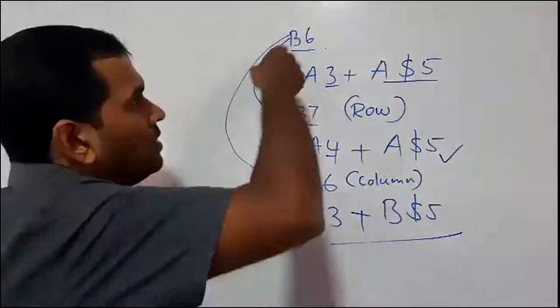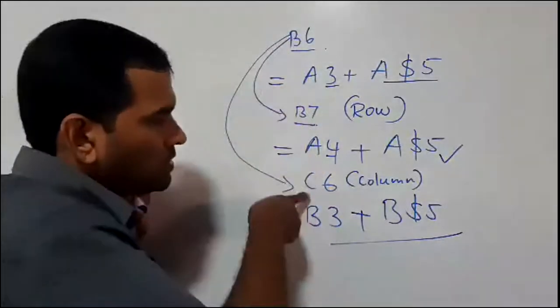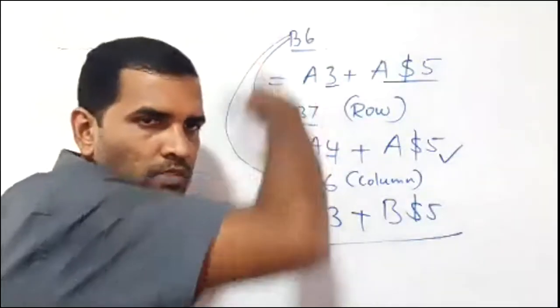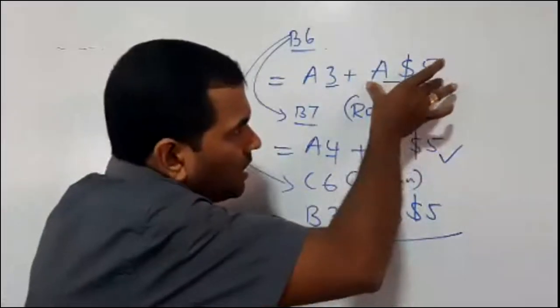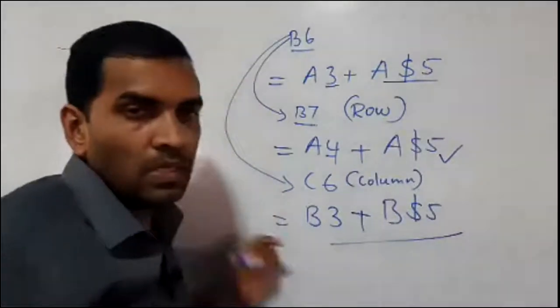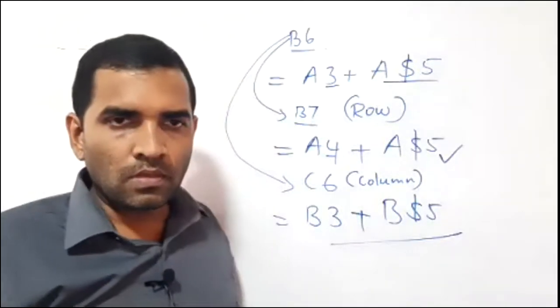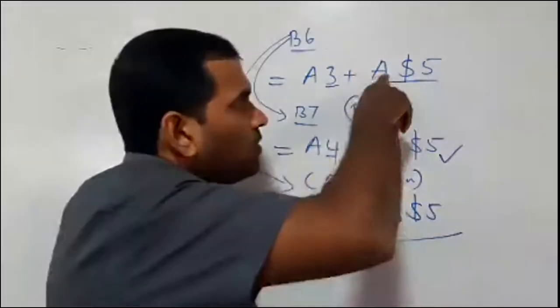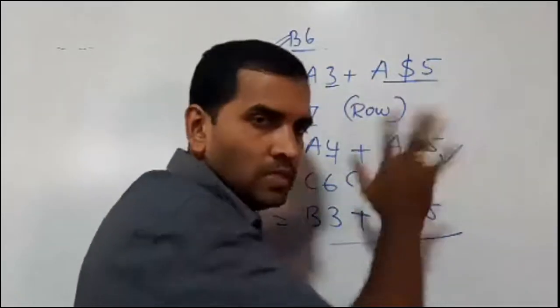Look, when you go from B6 to C6, look at this part, $5 becomes $5. And when you go from one row to another row, nothing happens.